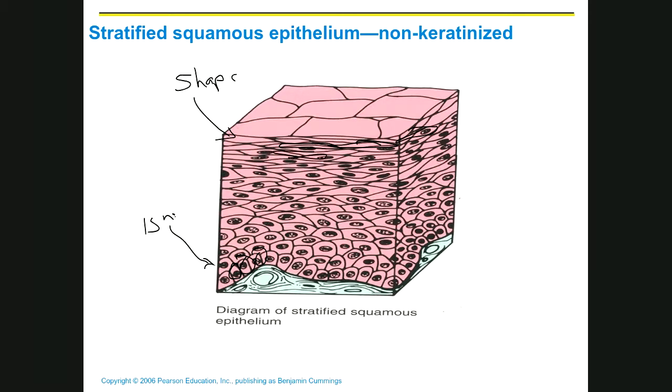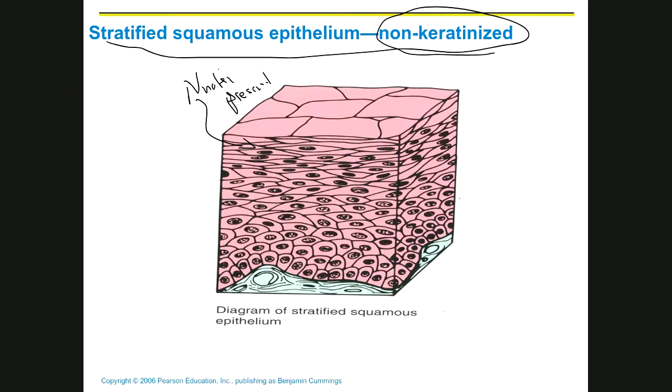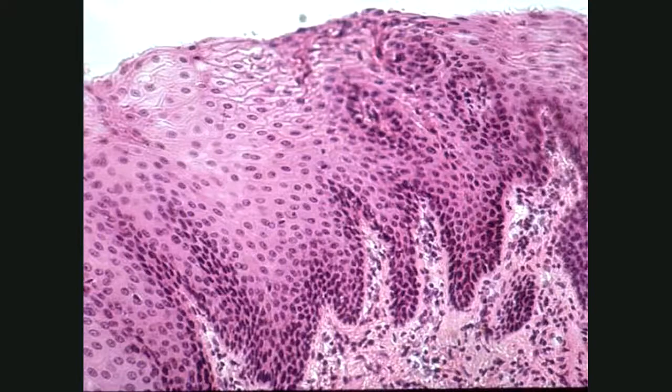And then not only are we going to look at the shapes here, we're going to look for nuclei here. And so there are nuclei present. So this is stratified squamous, non-keratinized. And if we look at this, look at all the nuclei here. These cells are flat. You can see them over here pretty well. This is stratified squamous, non-keratinized.